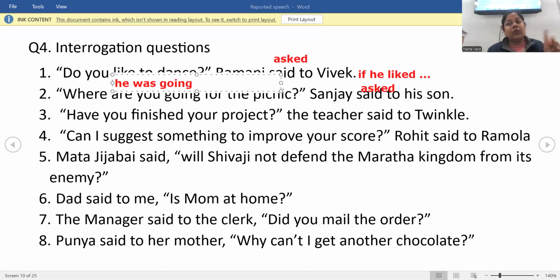So the inverted commas before where will be removed. So where he was going for the picnic, and the question mark will be replaced with a full stop after writing the rest of the sentence. So here are certain more sentences that you can practice, and if you have any doubts, do let me know. This was your interrogation.